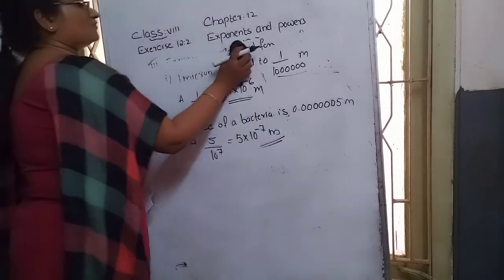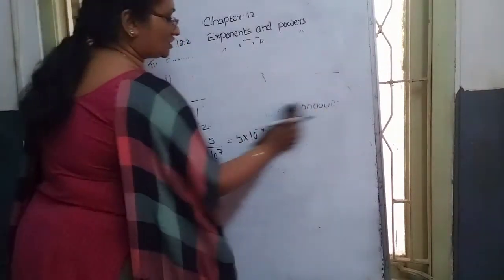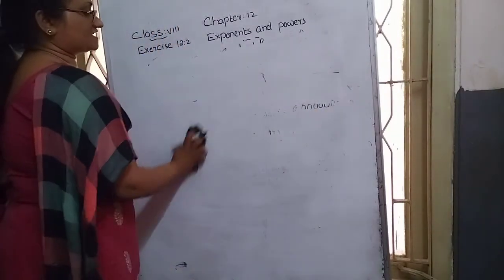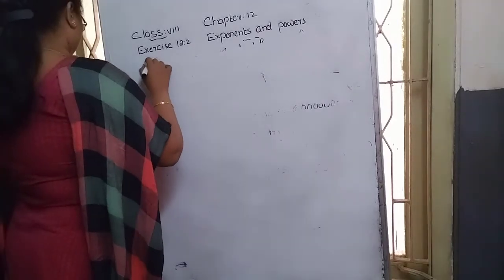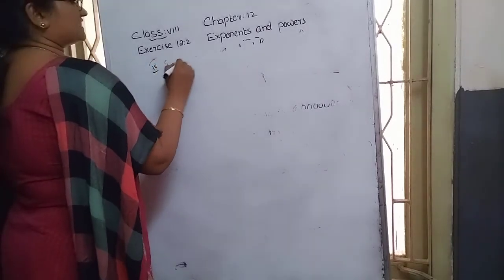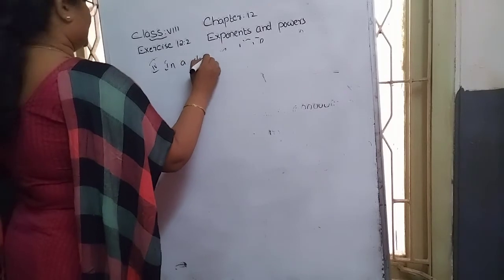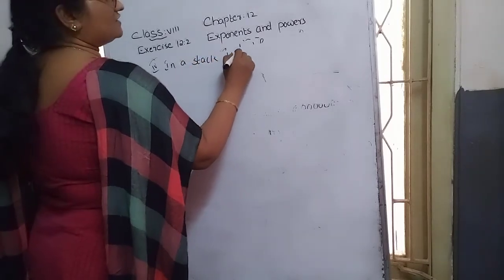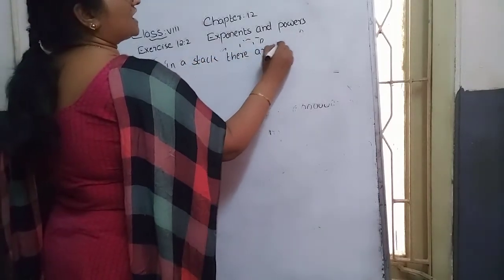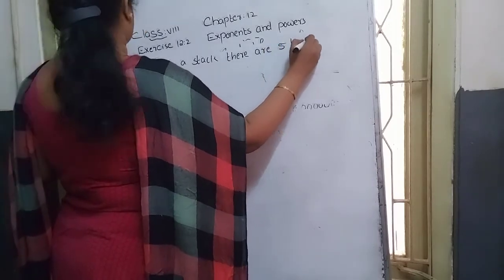Then next, fourth Roman. In fourth Roman, one word problem is given. The word problem says that in a stack there are 5 books. Each of them has a thickness of 20 millimeter, and 5 paper sheets are there.